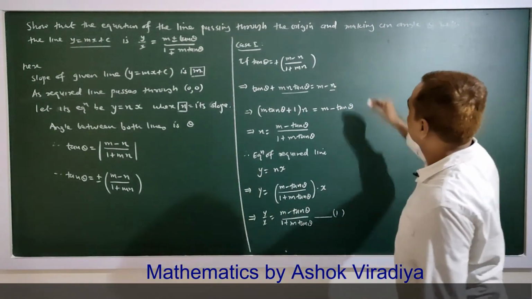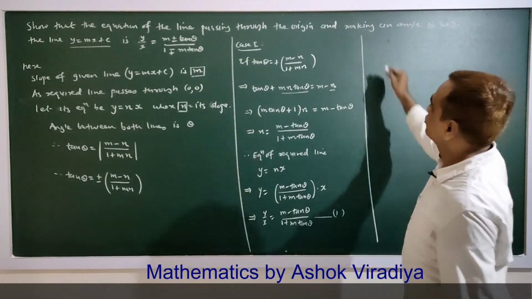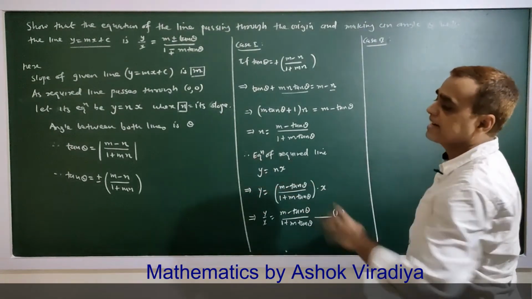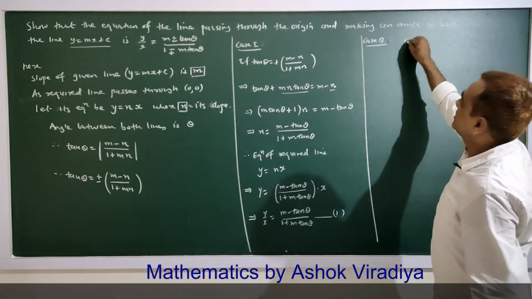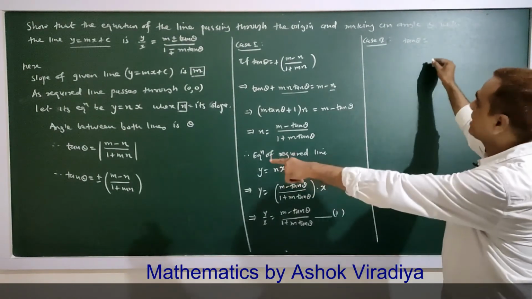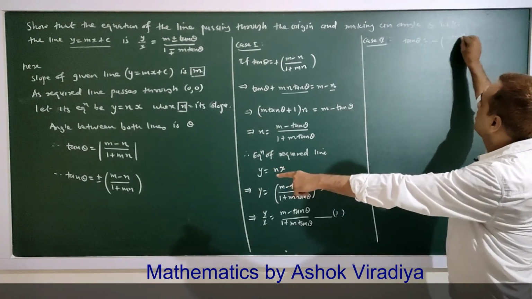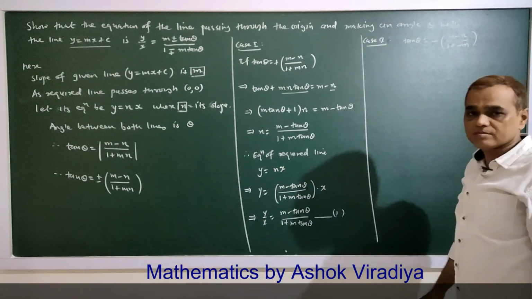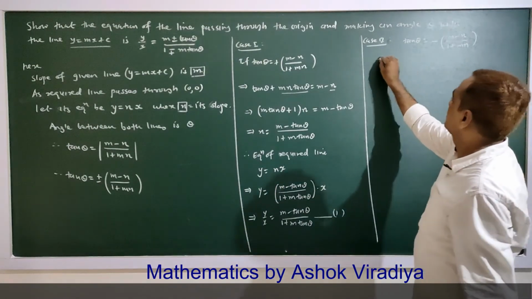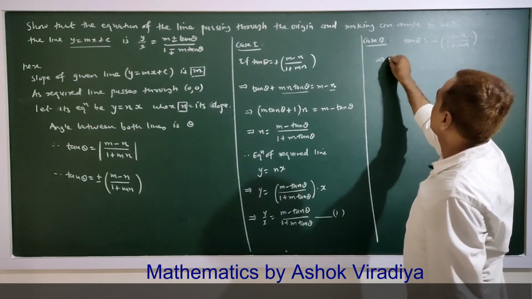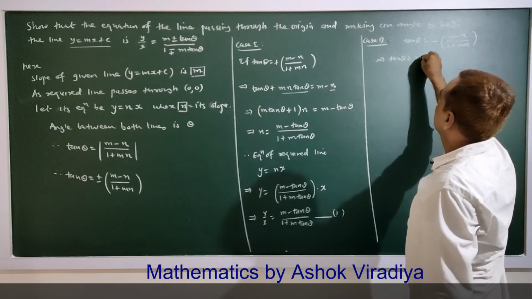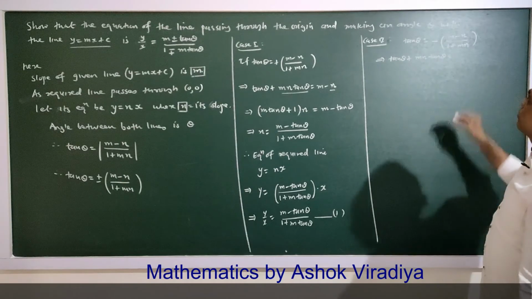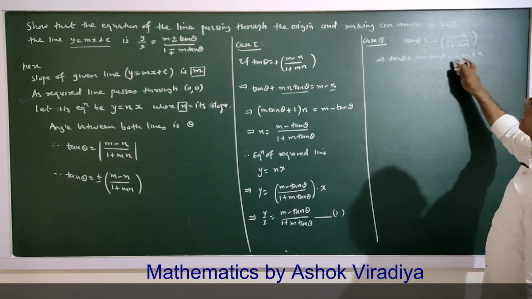Now case 2. Case 2 we are taking negative sign. Tan theta is equal to minus of m minus n upon 1 plus mn. That is, now multiplying this number on this side, tan theta plus mn into tan theta equal to minus m plus n.